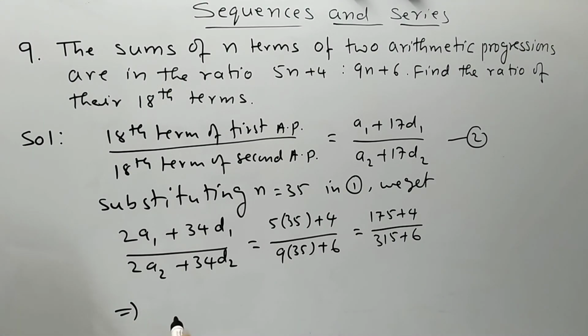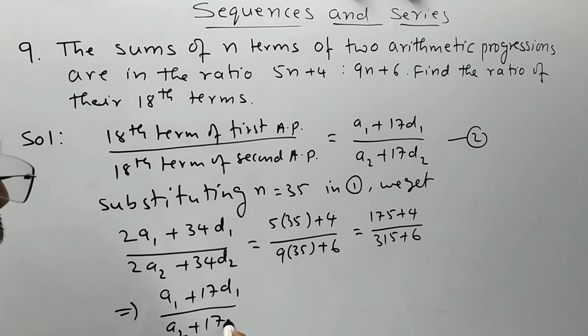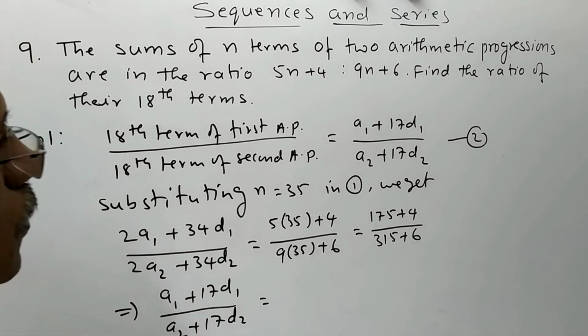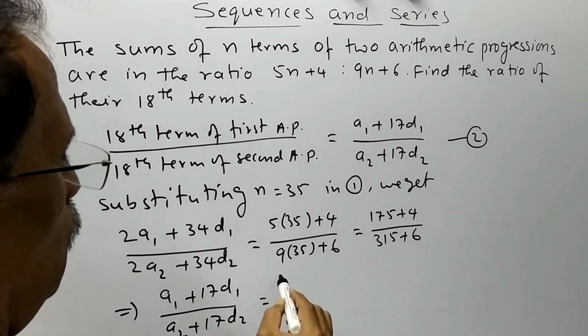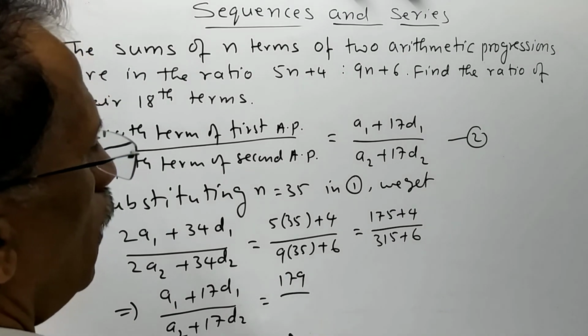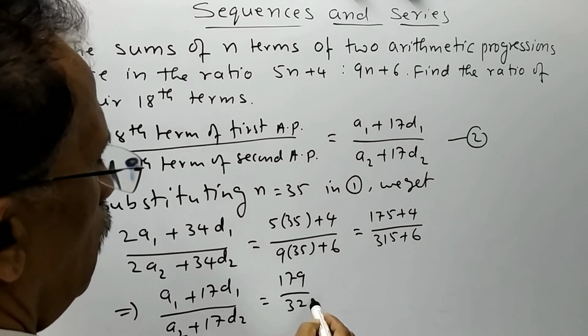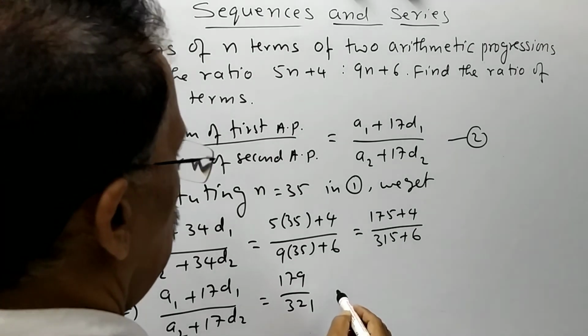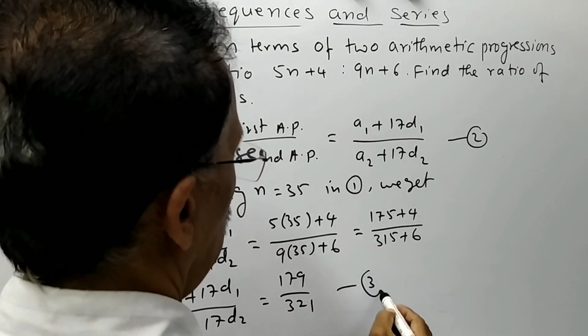implies a1 plus 17d1 divided by a2 plus 17d2 is equal to 179 divided by 321. Say number 3.